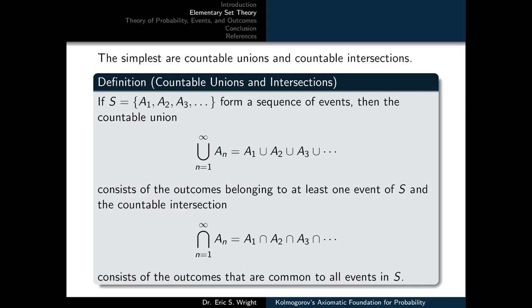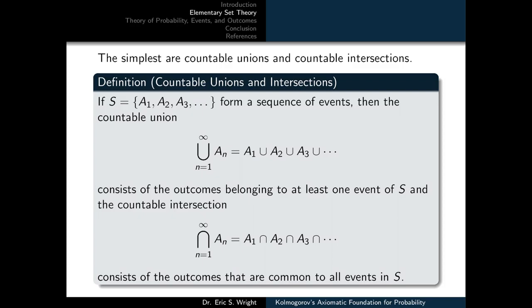If we imagine having a sequence of events, S equals A1, A2, A3, and so on, possibly indefinitely, then the countable union is just the union of all of those sets together. It's a complex looking notation, but a fairly simple concept. It consists of all of the outcomes belonging to at least one event of the sequence of events A1, A2, A3, and so on.